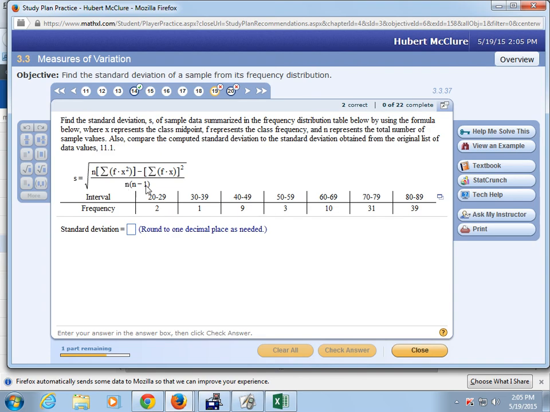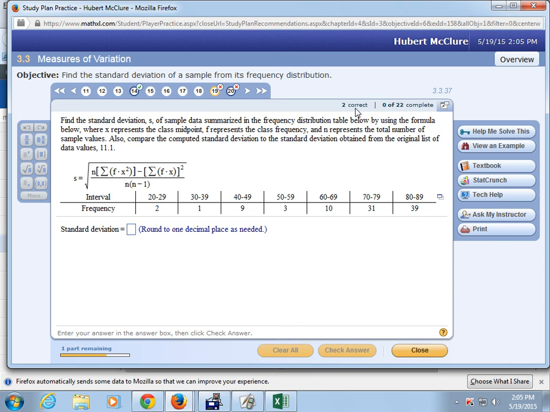Write down that formula, blow it up real big so everybody can see it. This is our standard deviation for a frequency distribution. Now it looks intimidating, but it's really not.